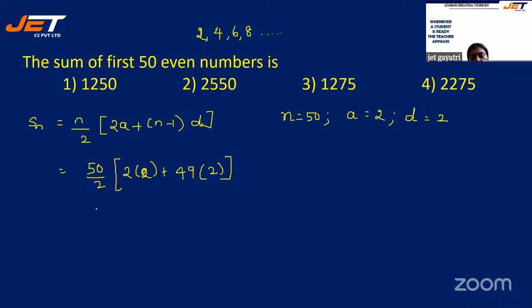So 50 by 2 is 25 into 2 2s are 4 plus 49 into 2. 9 2s are 18, 4 2s are 8 plus 1, so 98 plus 2 is 100, so plus 2 is 102. So 25 into 102. What do you get? 25 into 102 is 2550. So your answer must be option 2.